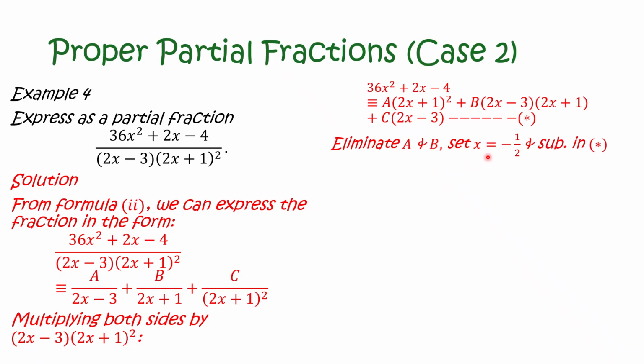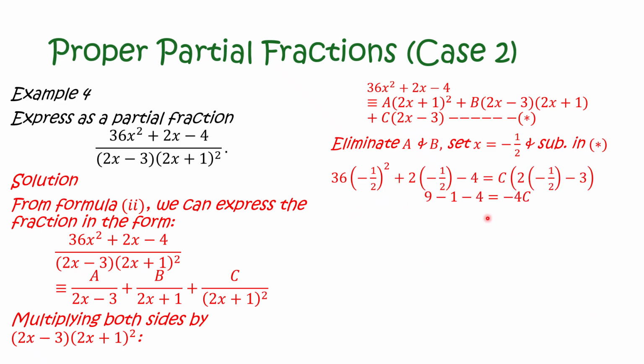The next thing then would be to eliminate A and B by setting x equal to minus half and substituting into equation star. We are going to have it in that way. So simplifying that further, then we would have 9 minus 1 minus 4 is equal to minus 4C, meaning that our C is equal to minus 1.